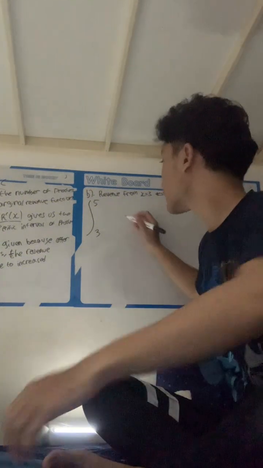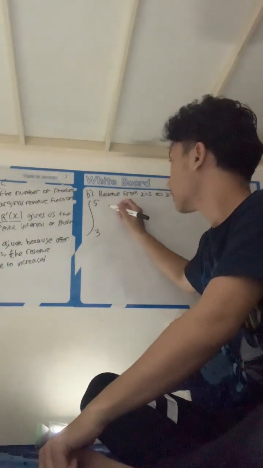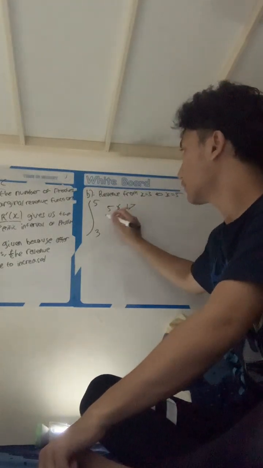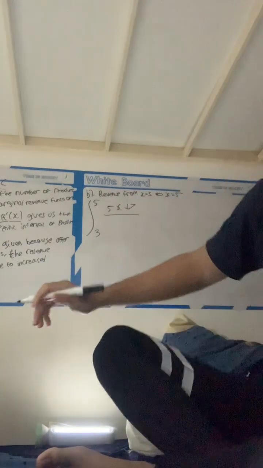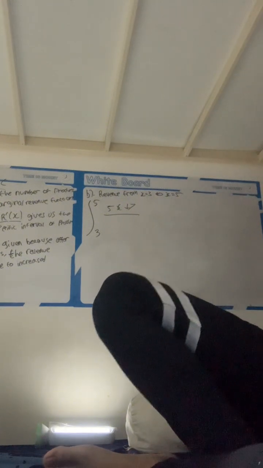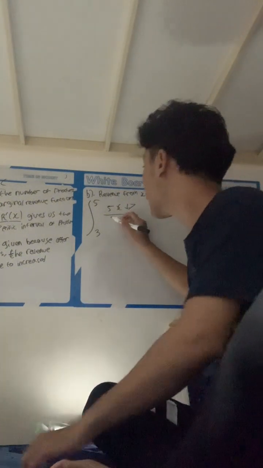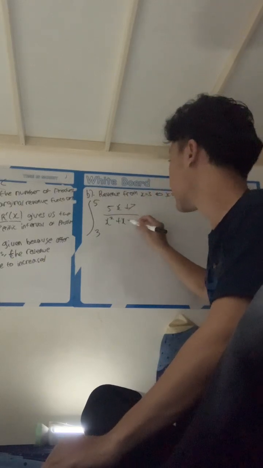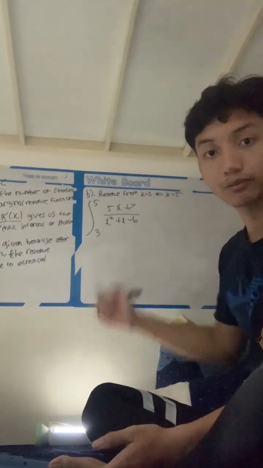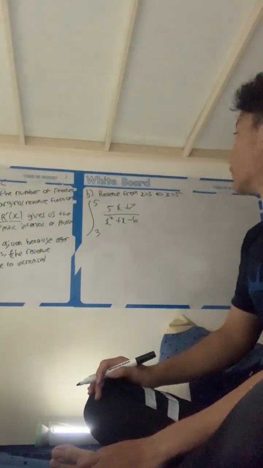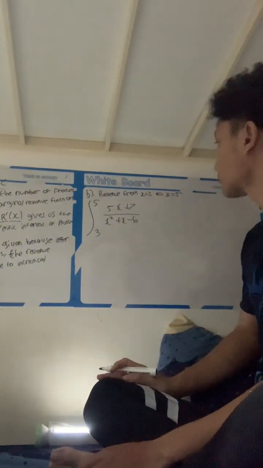The function itself is (5x plus 7) per (x to the power of 2 plus x minus 6). So this is the first integral for part B.